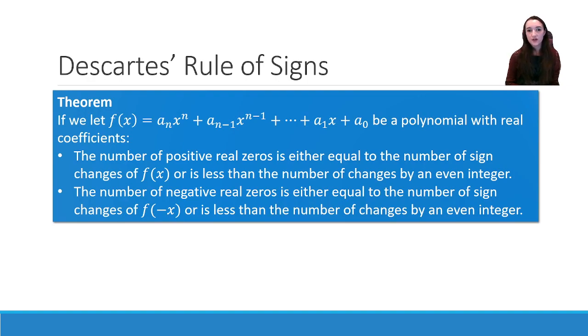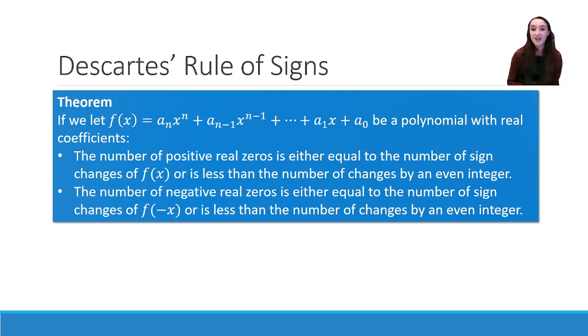If we let f of x equal, again, a general polynomial, a_n x to the n down to a_0, with real coefficients, so each of the a_n through a_0 are real numbers, the number of positive real zeros is equal to the number of sign changes of f of x, or is less than that number by an even integer. Now that's a lot. It's pretty abstract until you try it out, and then it's pretty easy to actually do, so bear with me for a moment.